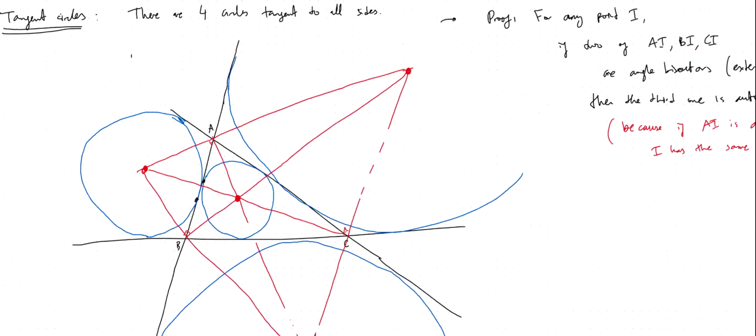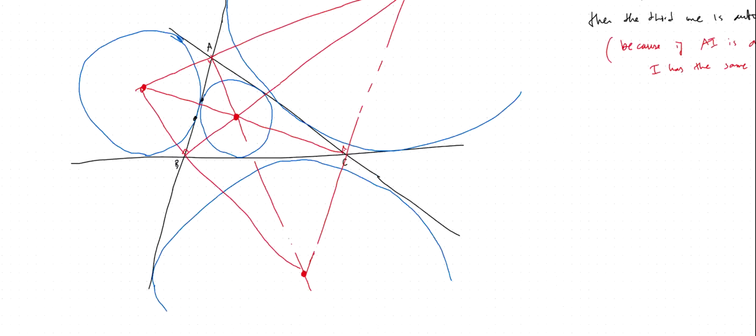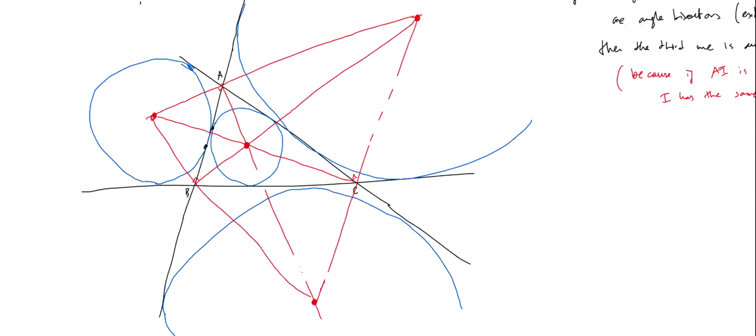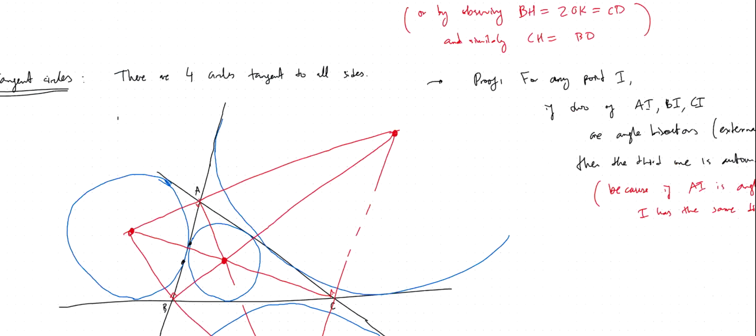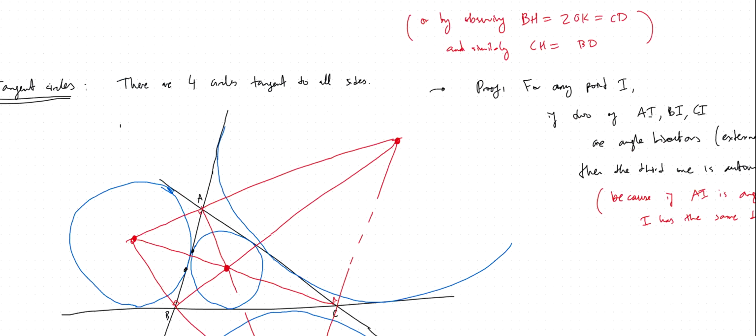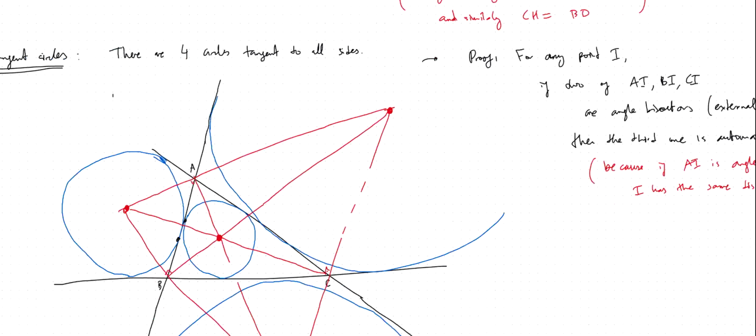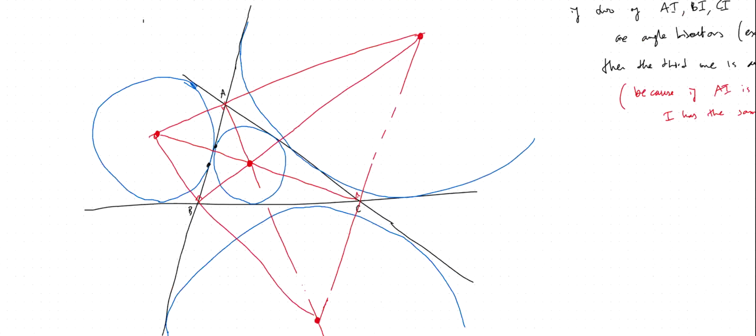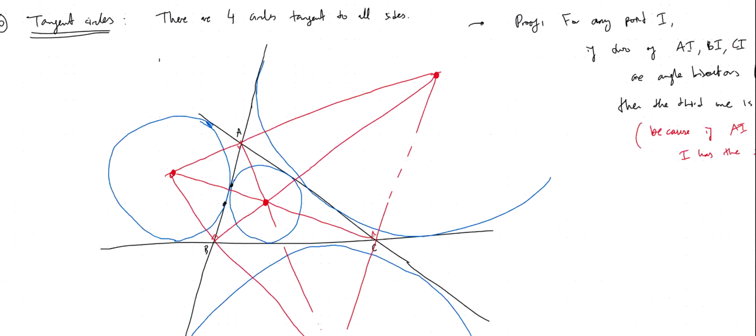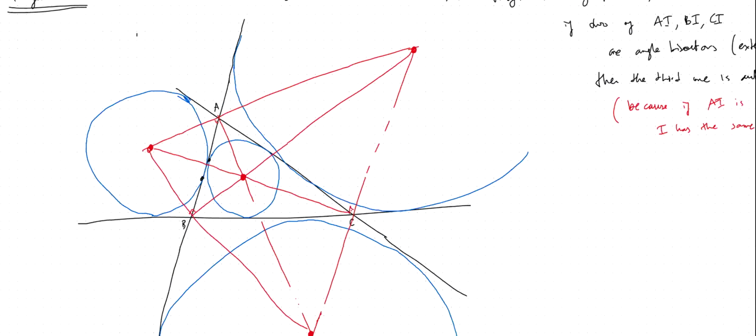Okay. Let me draw it again without drawing the circles. Let me just draw the red part of it. The connection of this to what we previously saw is that these 4 points form an orthic system. And conversely, any orthic system has this structure.